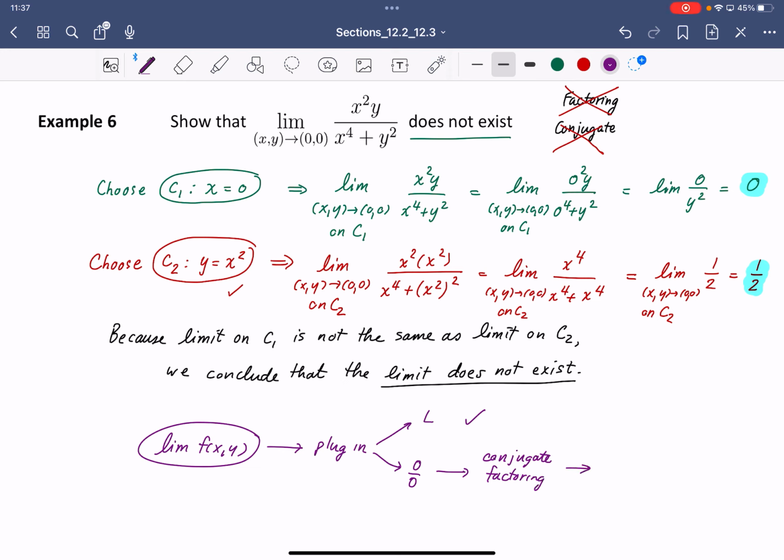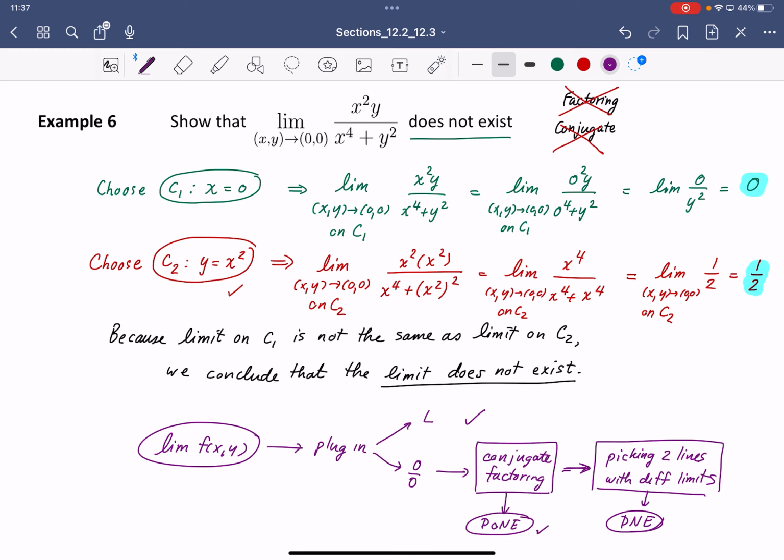If you can cancel something, it should be good, and then you get the number L as well. So this is done. But if it does not work, you can go to picking two lines that give you different limits, and then you conclude that the limit does not exist.